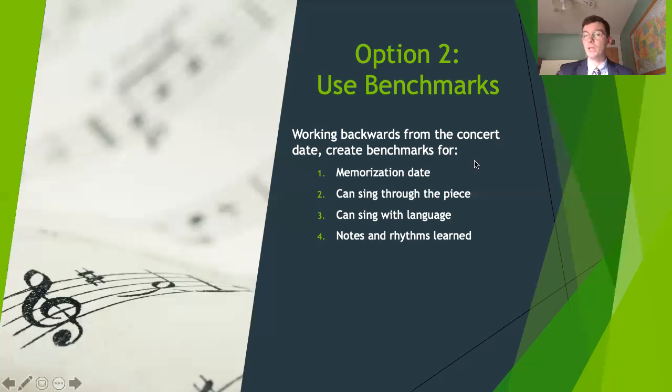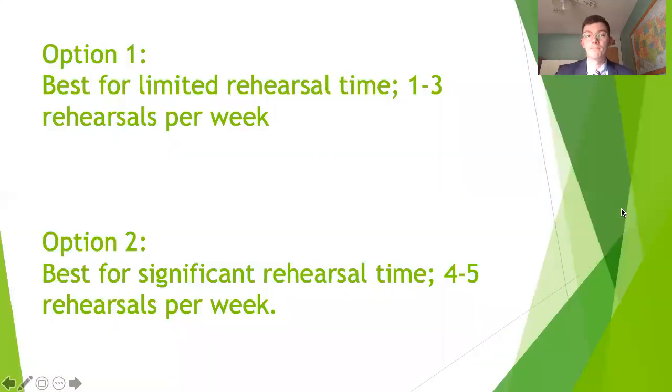But that's something I would suggest, kind of, maybe you can try incorporating that. As I touched on this, I think option 1 is best for those limited rehearsal times, 1 to 3 rehearsals a week, maybe, shortened concert time frames where you've got something in 3 weeks or something.